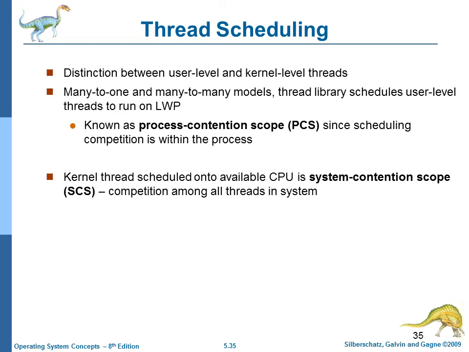Process contention scope scheduling is typically done with priority, where the programmer can set or change the priority of the threads created by his or her program. Even time slicing is not guaranteed among threads of equal priority.